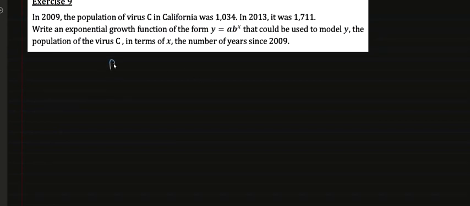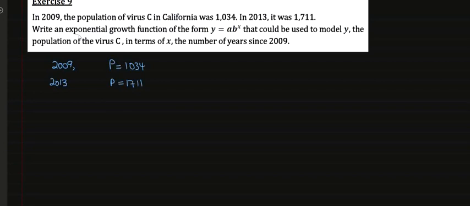So we have a population that is read as 1034. That was in 2009. Very good. In 2013, the population became of that virus 1711.